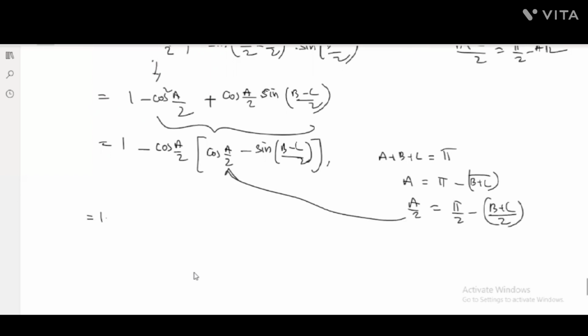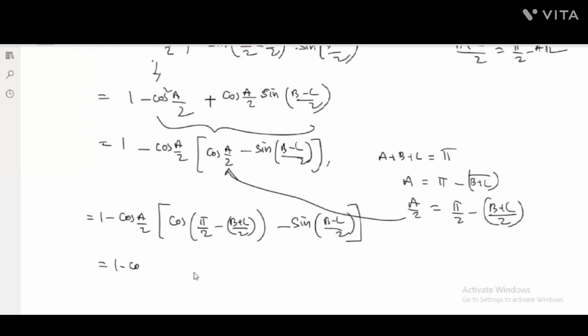So what we will get is 1 minus cos a by 2 into cos of pi by 2 minus b plus c by 2 minus sine of b minus c by 2. This is equal to 1 minus cos a by 2 into, since cos 90 minus theta is sine theta, sine b plus c by 2 minus sine b minus c by 2.